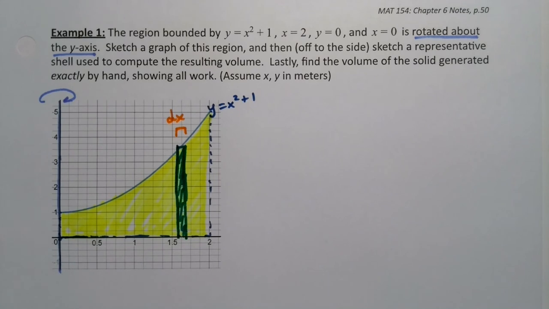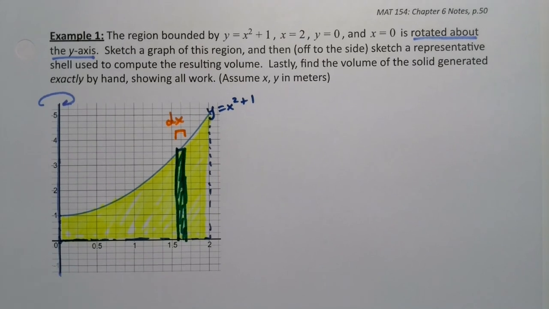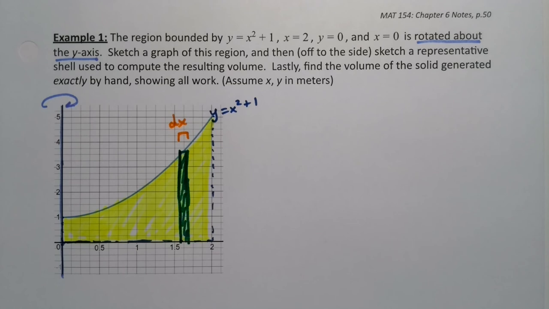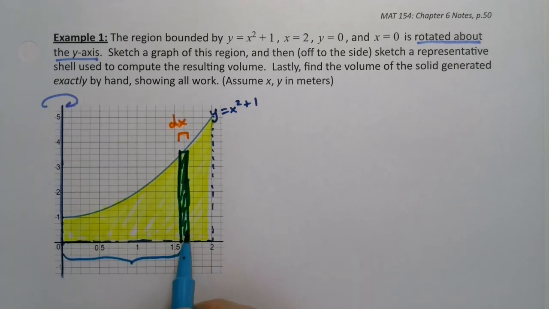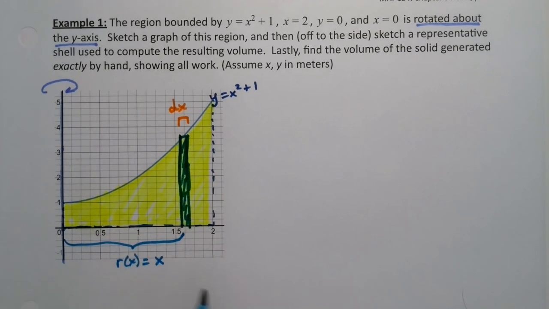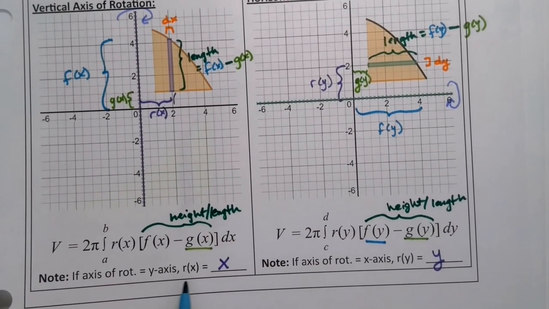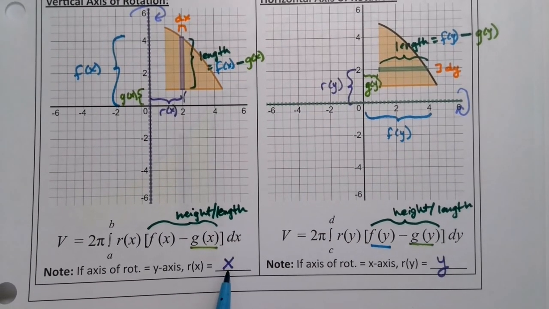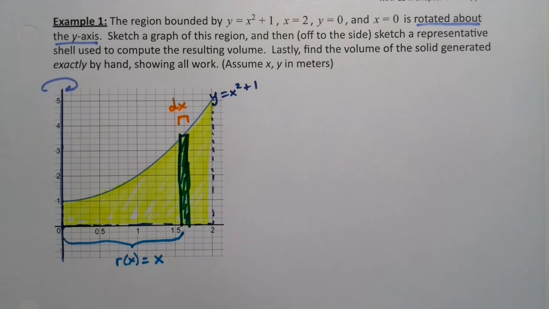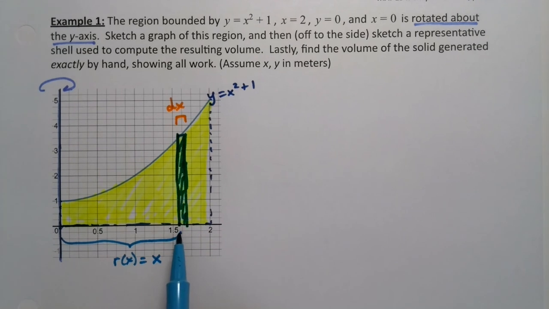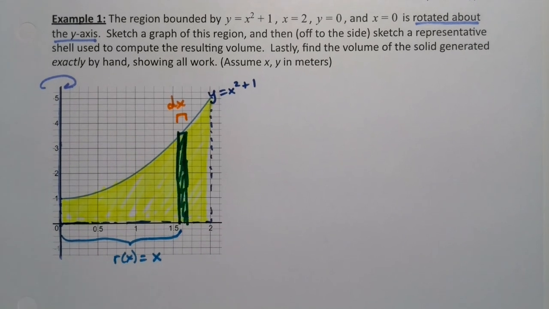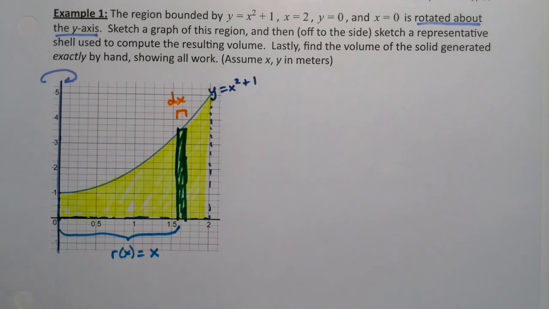Okay, then let's look at that radius. The radius is the distance from the axis of rotation out to that rectangle, which in this case is just x, because the axis of rotation is the y-axis. And we said when your axis of rotation is the y-axis, then your r of x is just x. So my r of x will just be x, no problem there. Then I need the height of my rectangle.